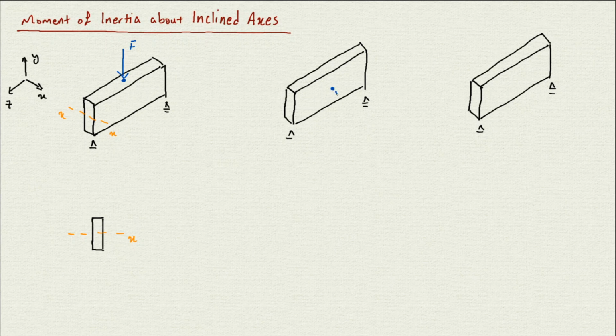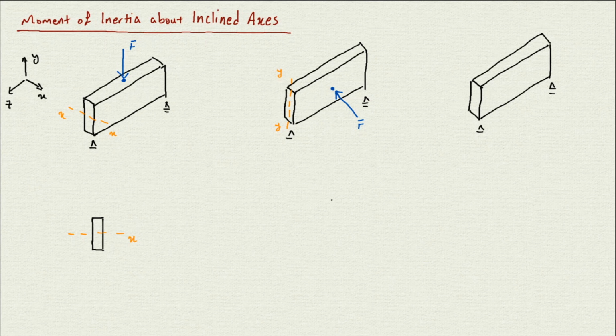Here I put the same force F parallel to the x-axis. This time it's going to start to bend this piece of wood about this axis here, which is the y-axis. So it's going to bend about the y-axis.